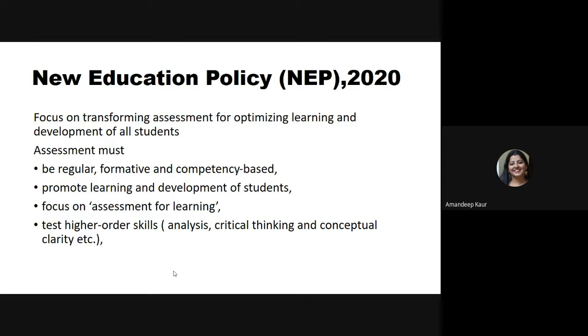They are able to think about the problem from multiple dimensions, and then they are able to solve it. So it is not only remembering or understanding that we are going to develop among our students, or only checking their memorizing ability in terms of assessment. We want our students to do something while sitting in our classes. That is why we are designing competency based assignments or assessments for our students.